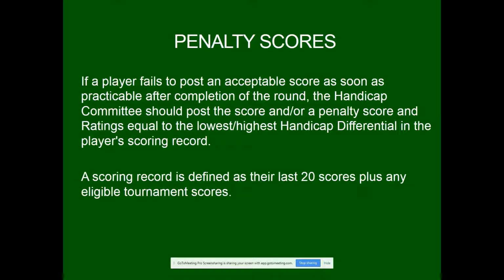So what you would do is post a score that would be designated as a P, and that would be equal to their lowest or highest handicap differential in the player's scoring record. That would need to be determined by the committee, what would be appropriate, whether to the lower or higher side. Obviously, that would depend on the ability and where you see their record going, and we can help you along the way there.